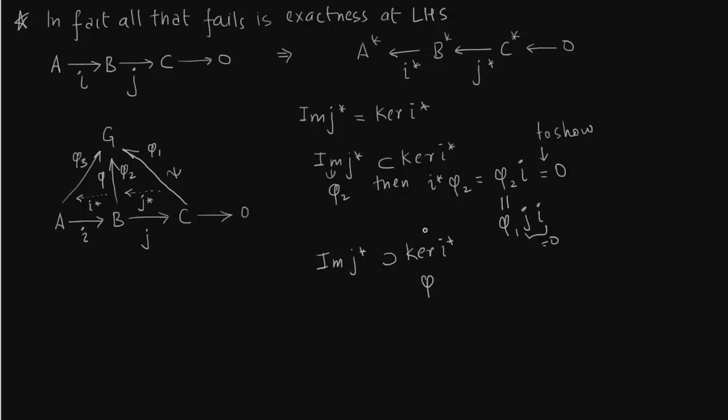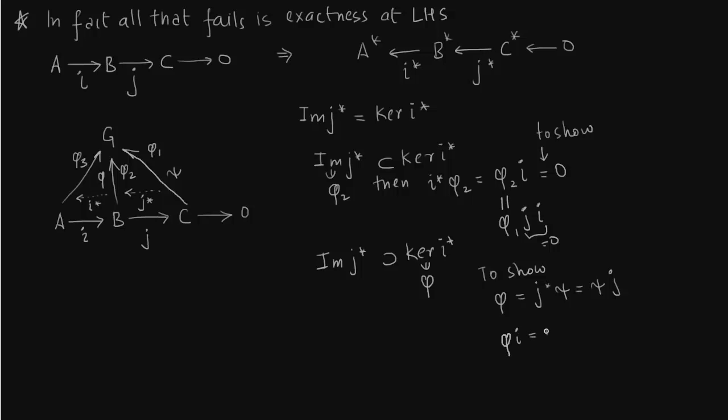So we started with the map phi, which is in the kernel of i star, and we want to show that this map comes from some map, say psi, from C to G. So this should be lying in some image of j star. Or this diagram should be commutative. This is what we have to show. This phi is equal to this psi j.